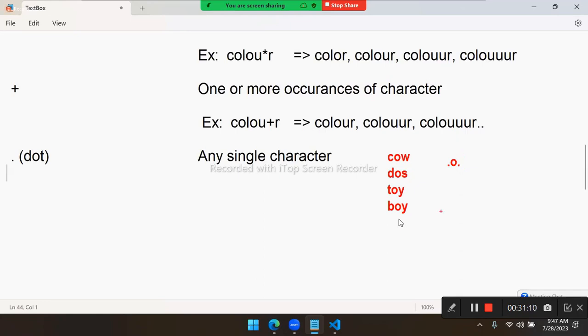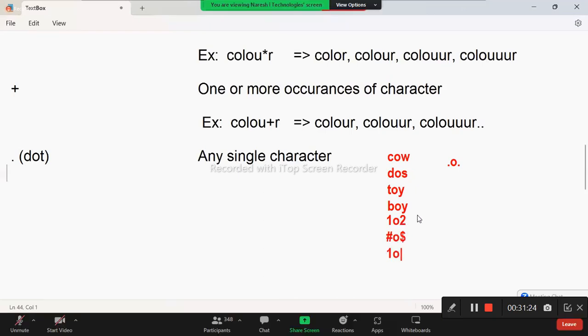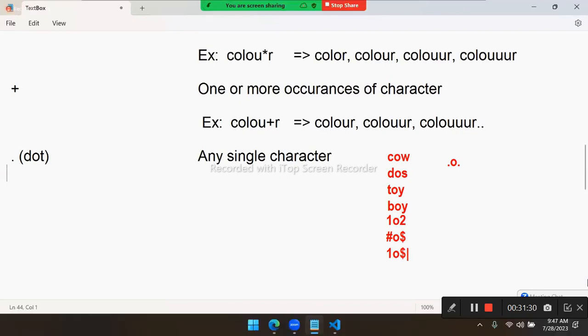So it can be like 1 O 2, it can be like hash O dollar, it can be A O dollar or hash, anything. But the point is, what is common? O. And its length is how much? 3. Before O, you can have anything. After O, you can have anything, but only one character.